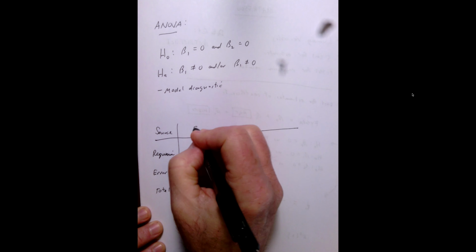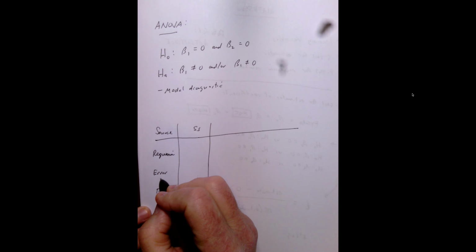We still have our sum of squares, which is easy to find. For example, we've seen previously that the sum of squares for the error is y transpose y minus beta transpose x transpose y.